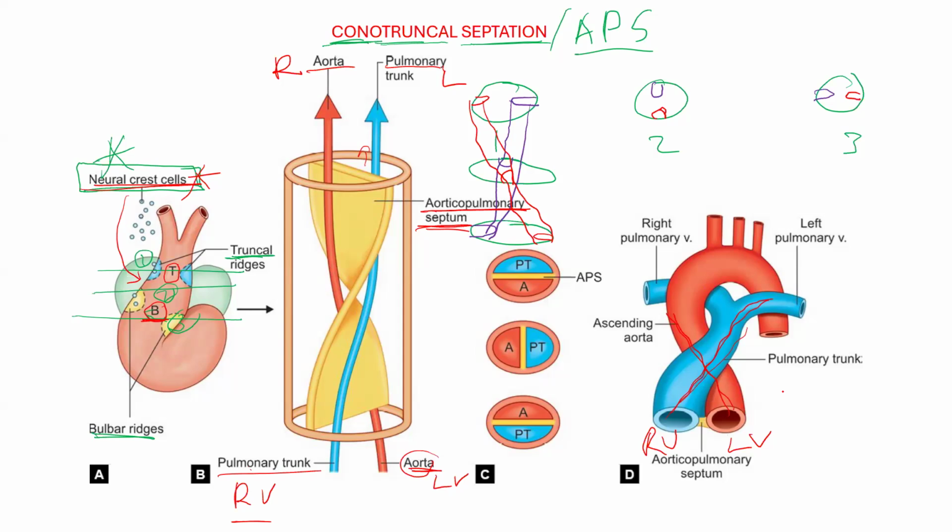So where do you place the stethoscope if you want to listen for the aortic valve? You place it on the right second intercostal space. That is for aortic. For the pulmonary valve, you do the same on the left side, the left second intercostal space. It is from this understanding that the pulmonary trunk is directed to the left and the aorta to the right. I hope I have described the neurocrest cells, Yvonne.